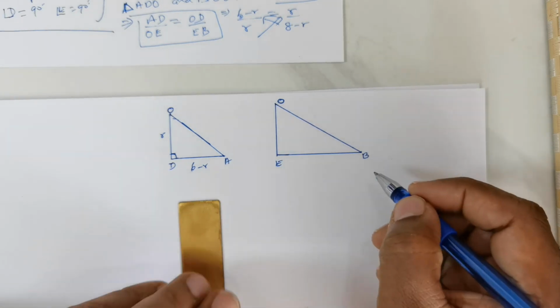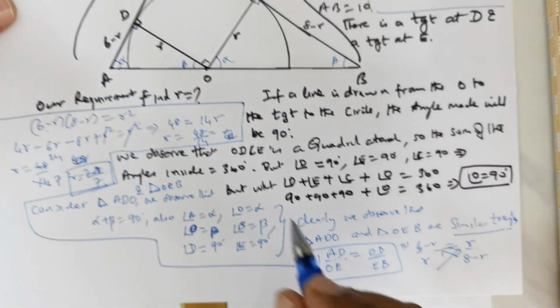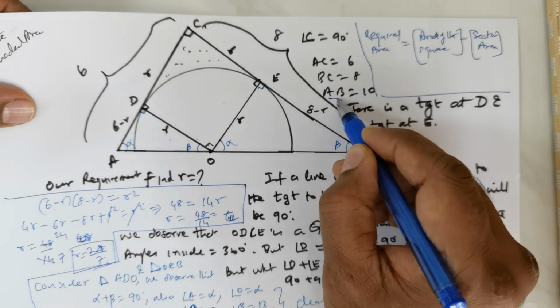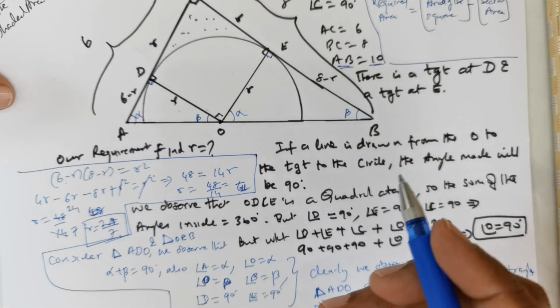This end is going to be E. From the figure, AB is given to be 10 units. So this entire length is 10 units.